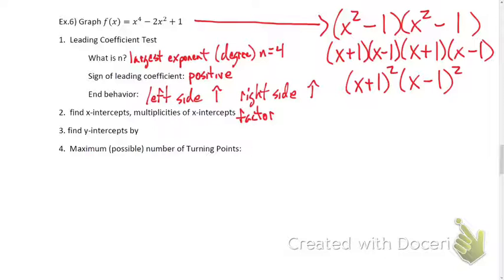Hopefully this all makes sense. It's pretty much all review except for this multiplicity thing. And I see a multiplicity of 2 that's even. That means it bounces.